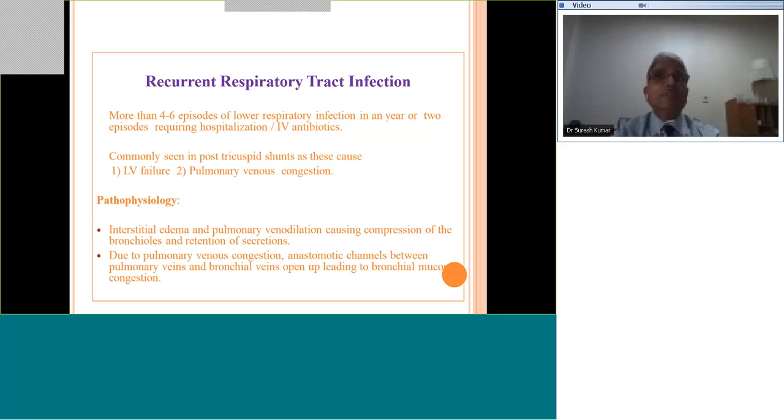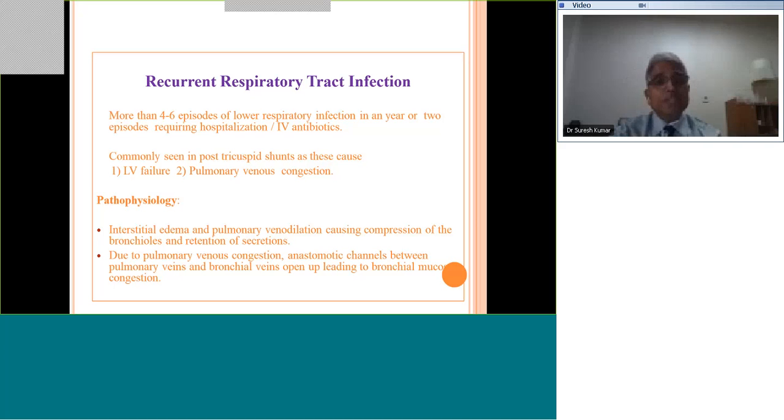It should be one which should have received IV antibiotics at least twice. Or it should be episodes which should have required hospitalization at least twice in a year. And then you can consider it significant. Or if hospitalization was not required, let us raise the bar and say that there should be 4 to 6 episodes of lower respiratory infection.